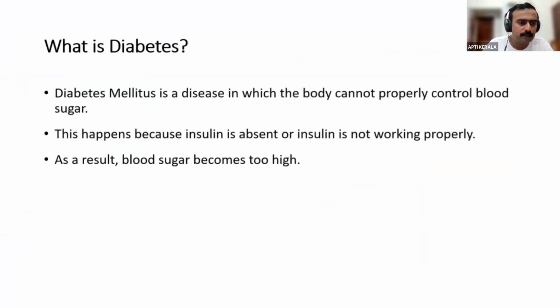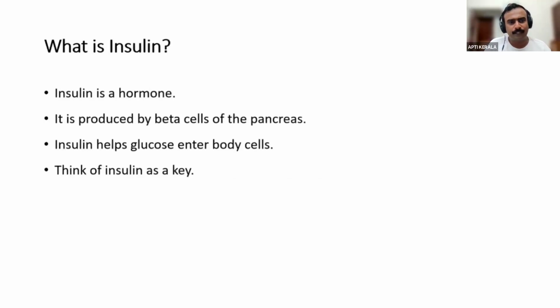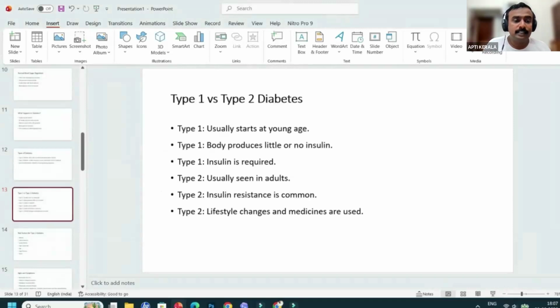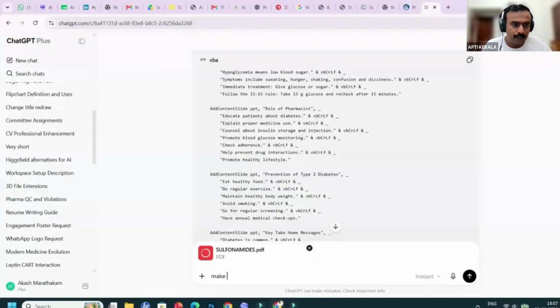See, it's more formal. It has a more human touch. It looks like we have typed for hours to make this presentation. See, 25 slides. We have created this using the Visual Basic code from ChatGPT.